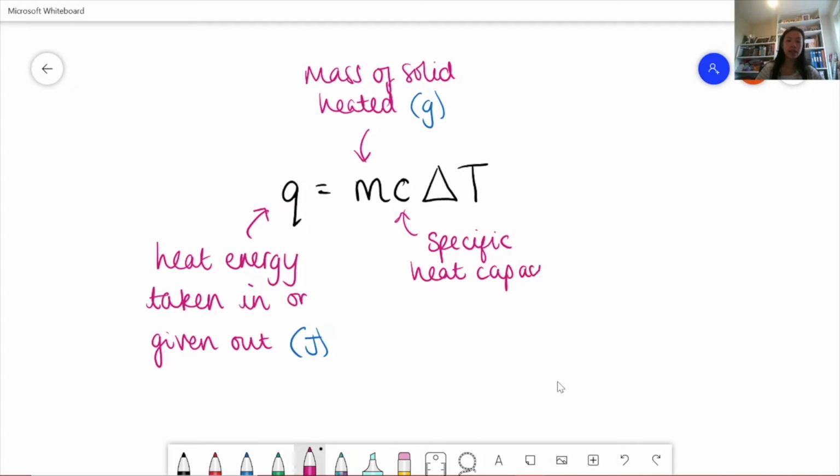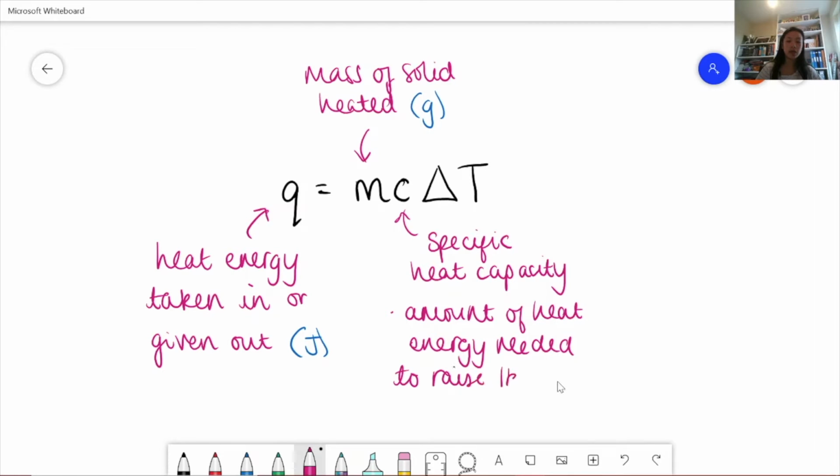That basically means the amount of heat energy needed to raise the temperature of 1 gram by 1 degree. So the amount of heat energy needed to raise 1 gram of something by 1 degree Celsius or 1 Kelvin. These two are equivalent. And this is measured in joules per gram per Kelvin.